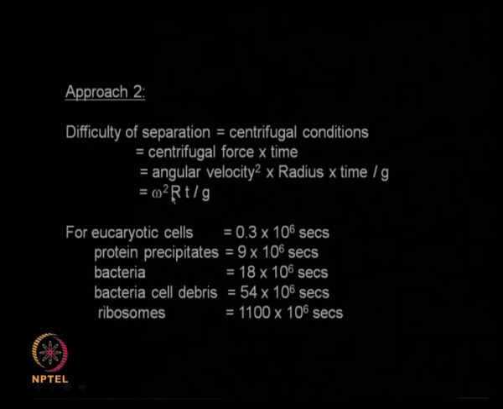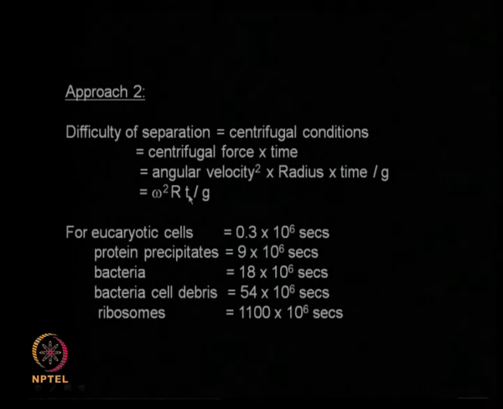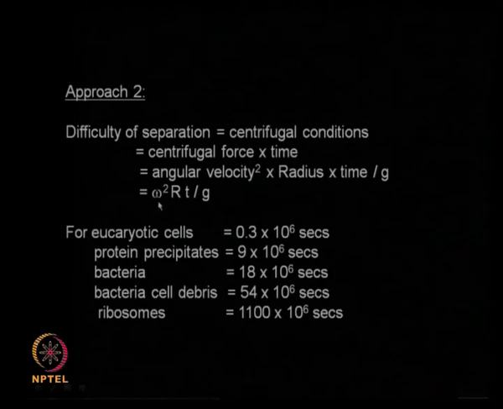That means when I move from a small scale which has certain values of omega, r and t, to a larger scale and I want to separate bacterial cell debris, then I can keep the same number, 54 into 10 power 6. It may have different omega, different radius, different time, but the product omega square r t by g will be the same irrespective of the scale.